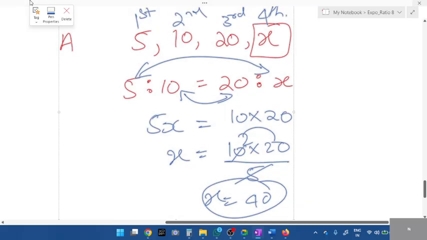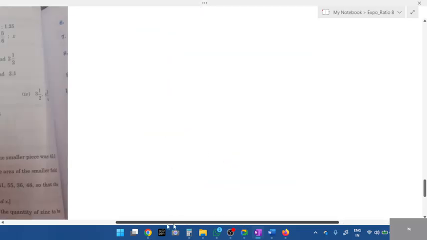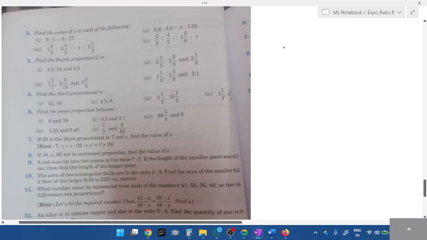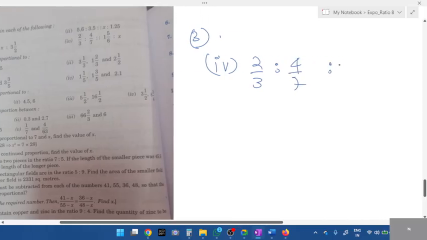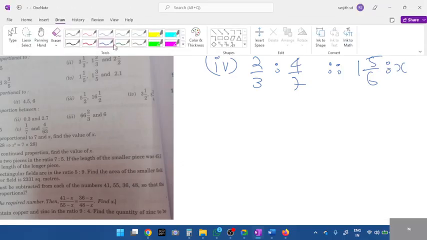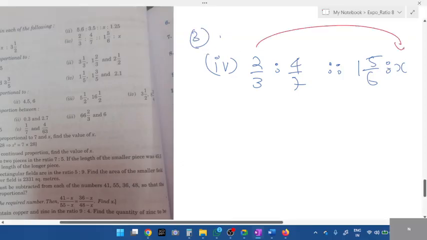They'll give X, students, X value. Okay, solve one question. Try the third and fourth one, all of you. We'll try the fourth question. If the denominator is given, take LCM. First take LCM. X is missing here. Or just cross multiply. Convert it and cross multiply. I mean, not cross multiply.